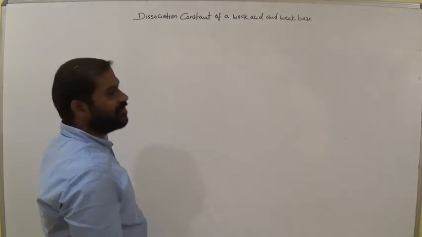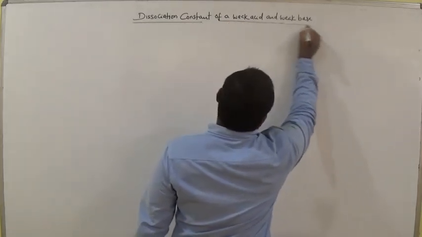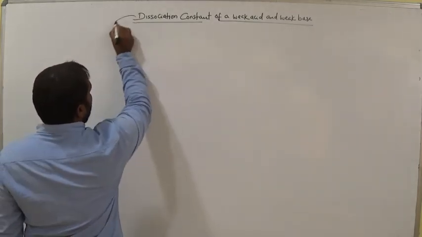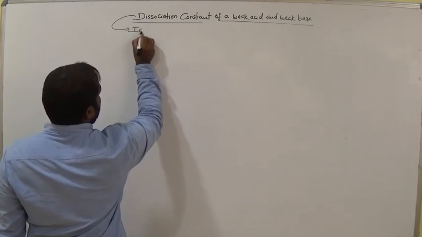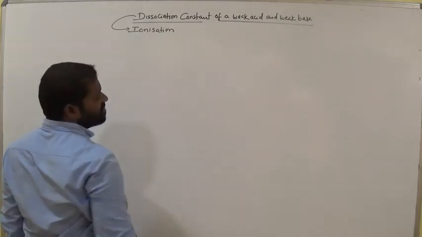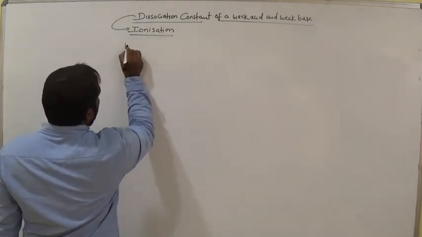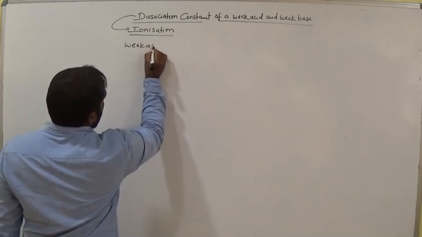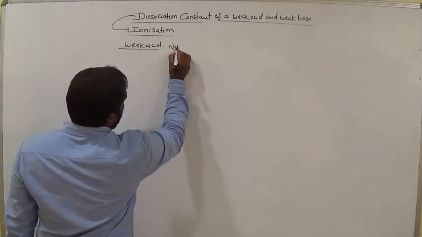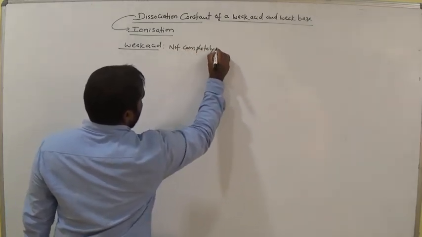Dissociation is also called ionization. Remember this. A weak acid means one that is not completely ionized.